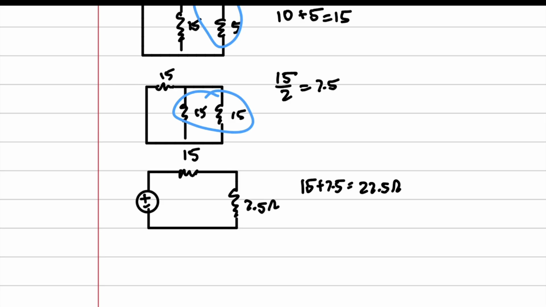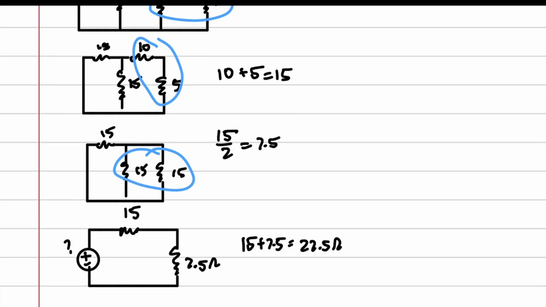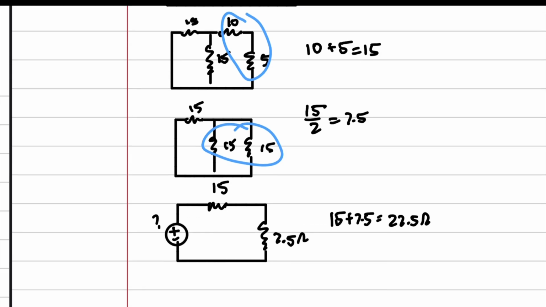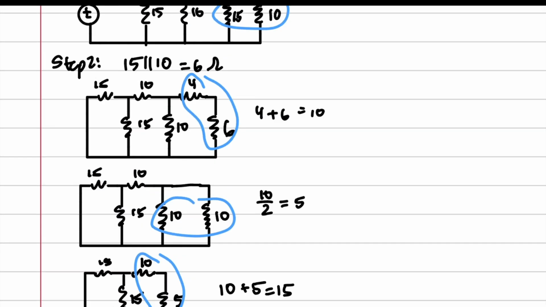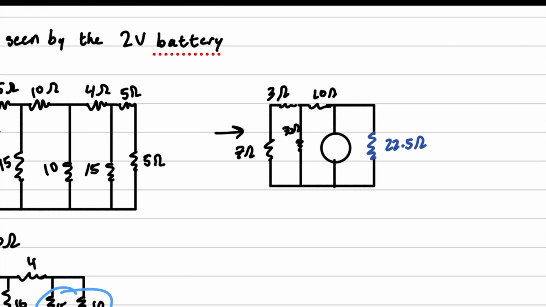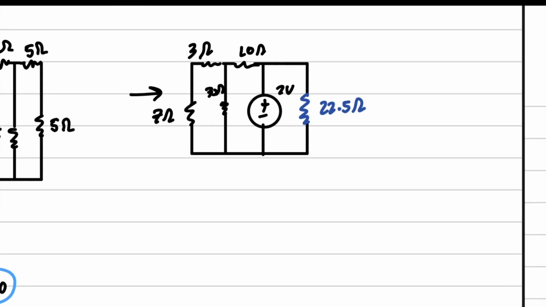So this arbitrary voltage battery is 22.5. Oh, sorry. It's not arbitrary. I didn't see that 2 volts. This 2 volt battery right here. So this guy simplifies into this circuit right here. Now we have to do the left side.